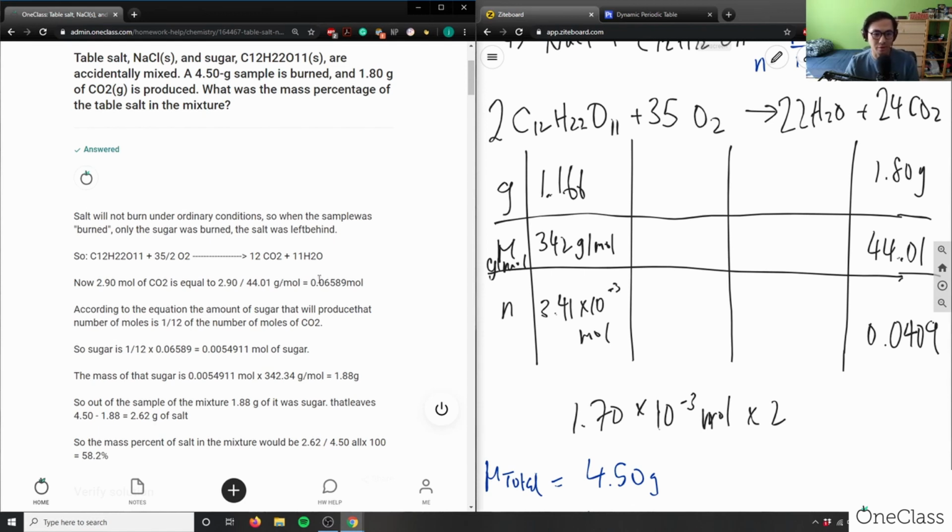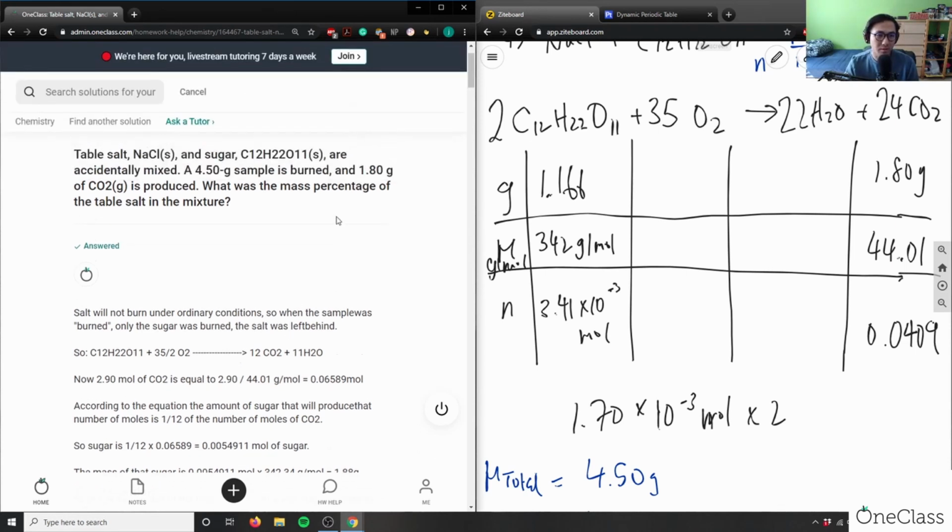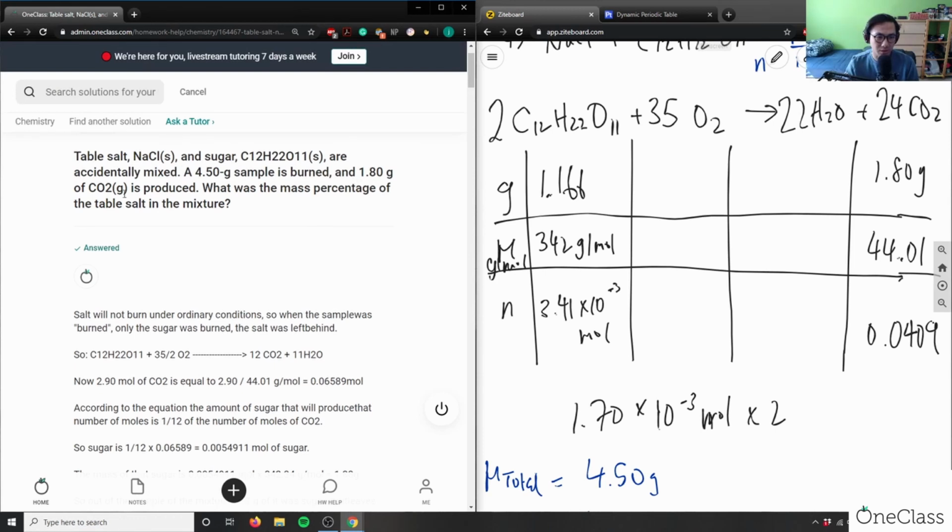So again, I don't know how they got the moles of CO2, this here is the moles divided by, this is the mass? I'm not sure what they did here. Give me a second. So this 1.80 of CO2 is produced, and they're saying this is simply the moles.